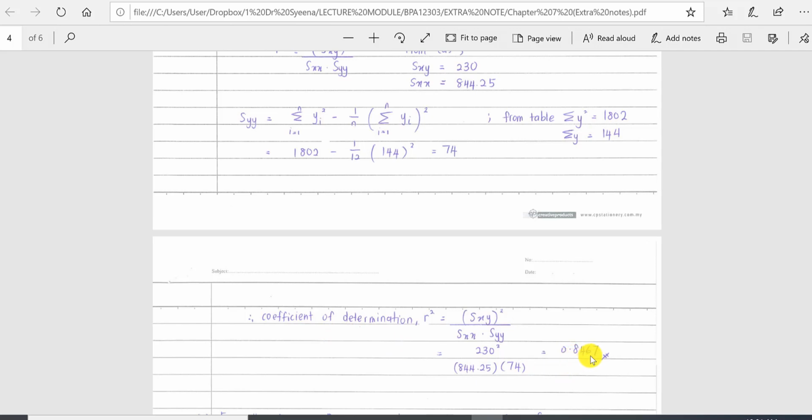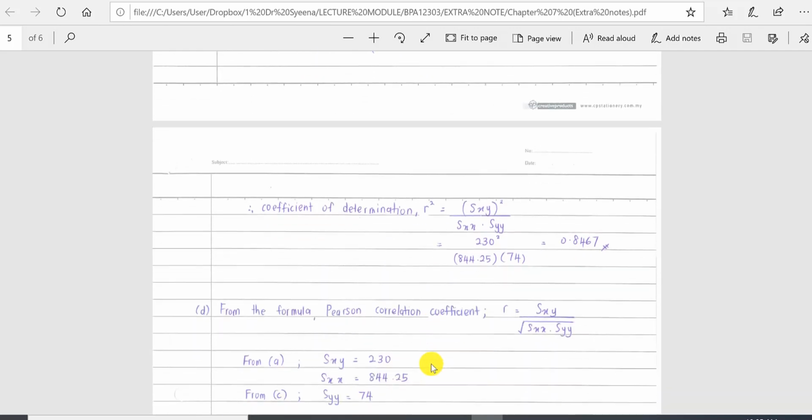You get 0.8467. So it means that 84.67 or 85% of the total variation is explained by the regression line using the independent variable.